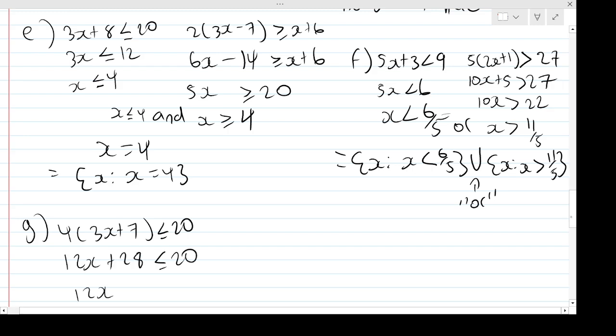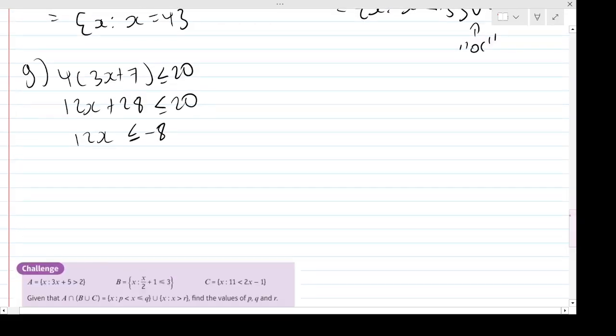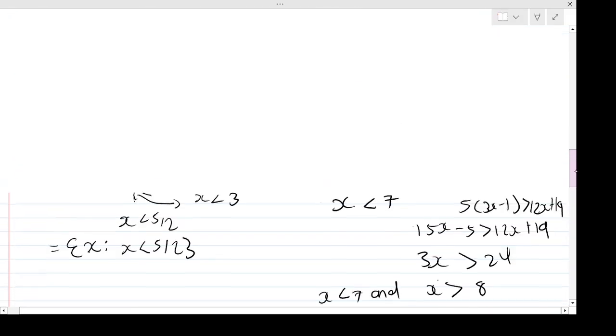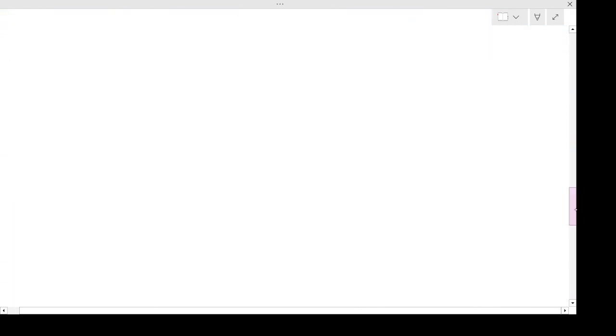Then 12x, we move the 28, is less than or equal to minus 8. So x is less than or equal to minus 8 over 12, which is minus 2/3. Yes, I copied that down right.